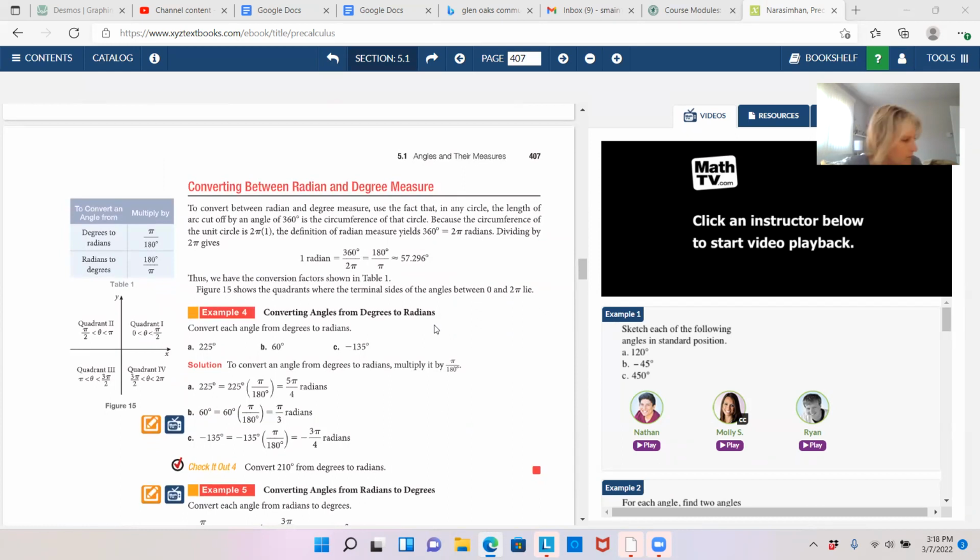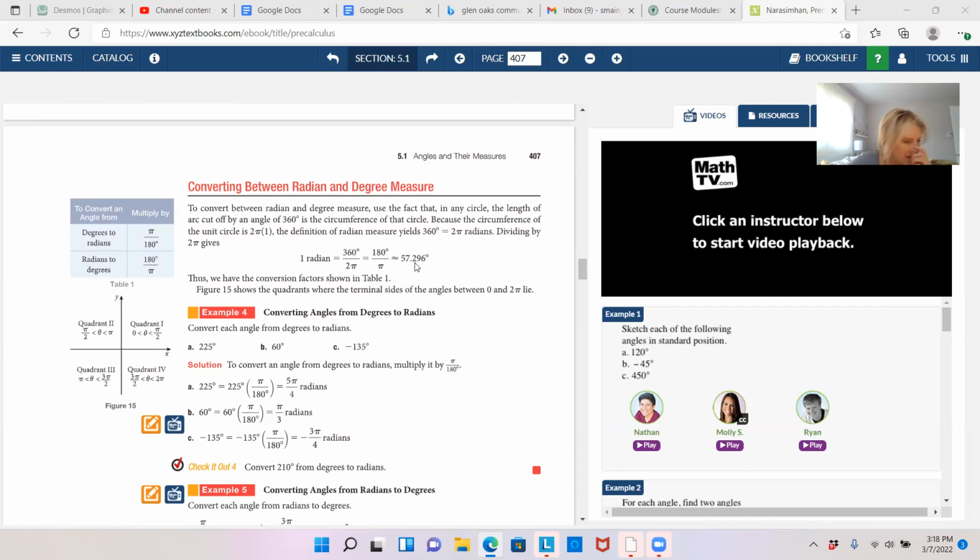So to convert, 1 radian is equal to 360 degrees divided by 2 pi, which is the same as 180 degrees divided by pi. And so 1 radian is approximately 57.296 degrees.